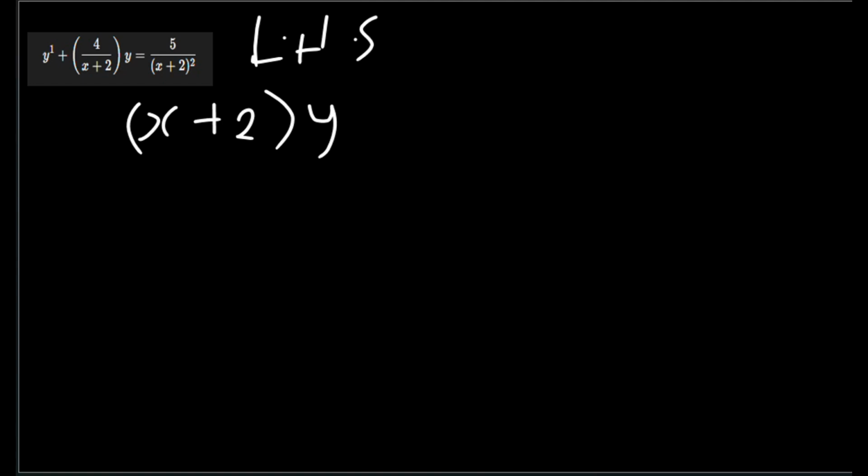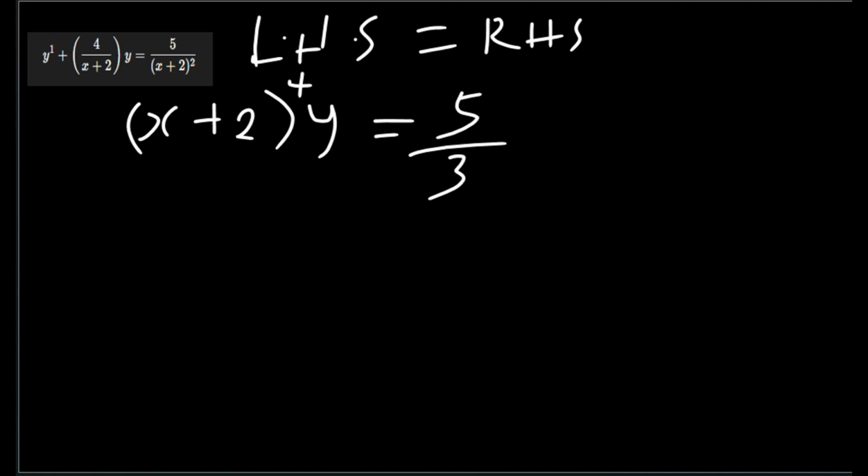That is when we integrate that side, then this is supposed to be equal to the right hand side of the equation. So at the right hand side we have 5/3 multiplied by (x + 2) all to the power 3.